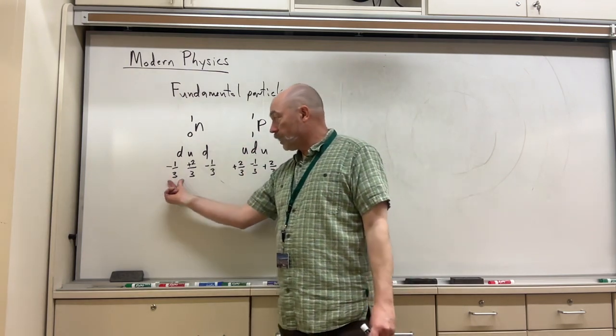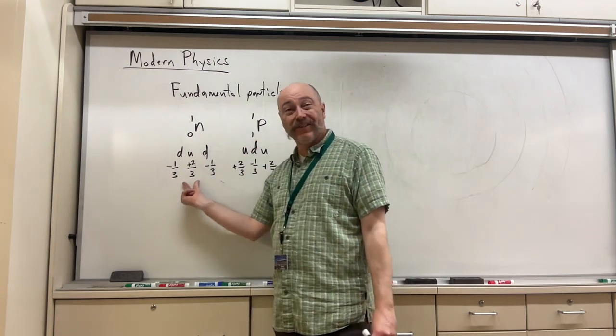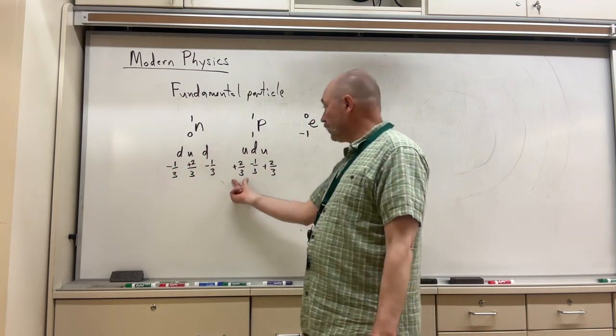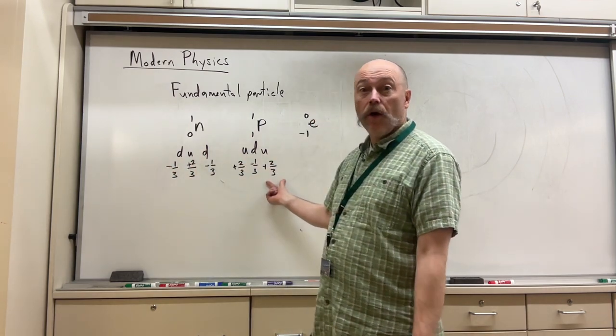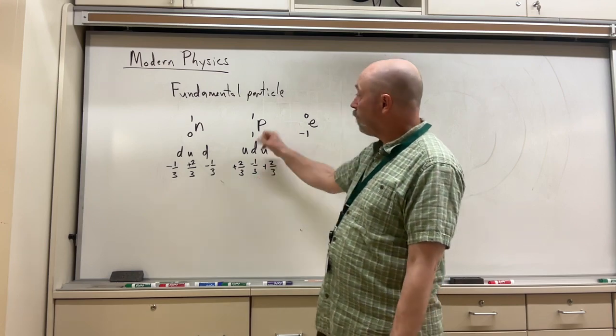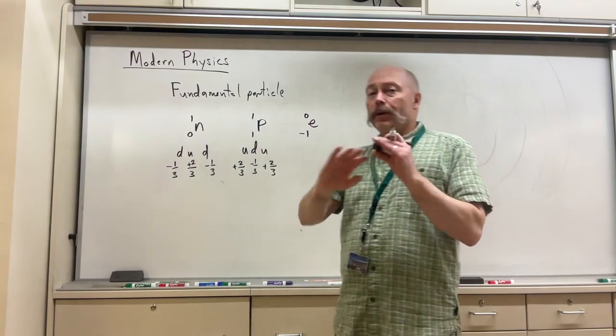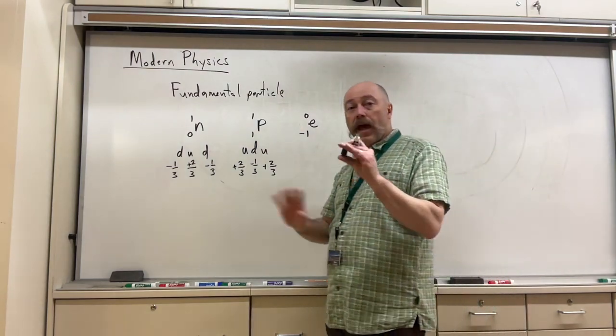So if I go negative 1/3 plus negative 1/3 plus positive 2/3, I get nothing. Hence a neutron is neutral. If you go positive 2/3, positive 2/3, that's 4/3, minus 1/3, that's positive 1. Hence a proton has a positive 1 charge. You might be more confused, but if you want to review that, that's fine.